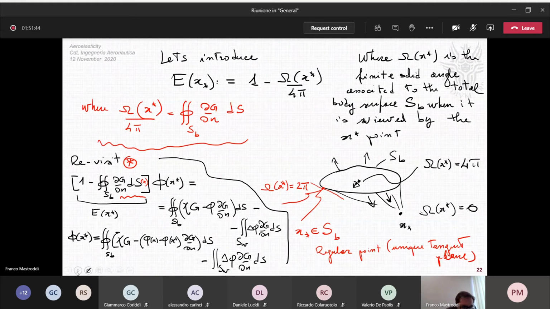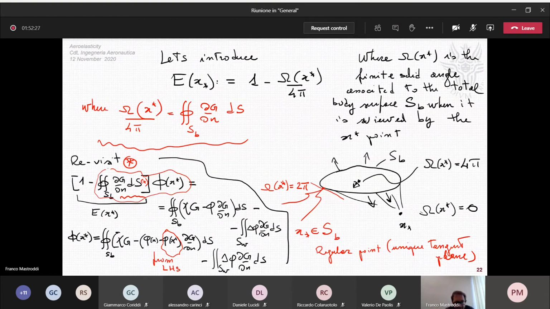In other words, I have moved this part here in the right hand side, and we can do this because this integral is an integral in the x variable, not in the x star variable. So phi in the x star value can be moved inside arbitrarily, with no problem. And we have moved all the integral in the right hand side, writing this contribution plus this contribution, which is from the left hand side.